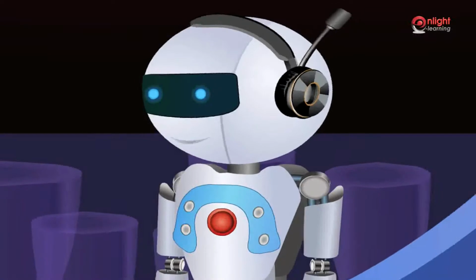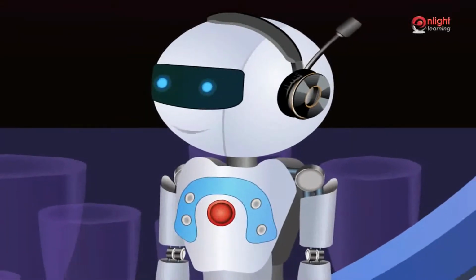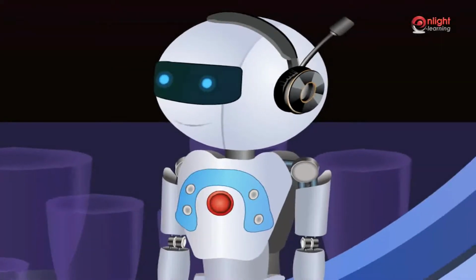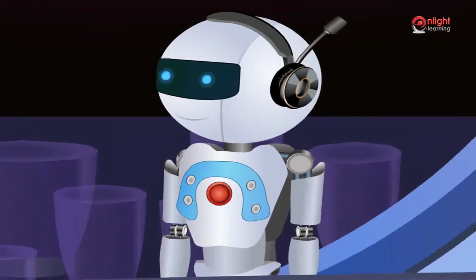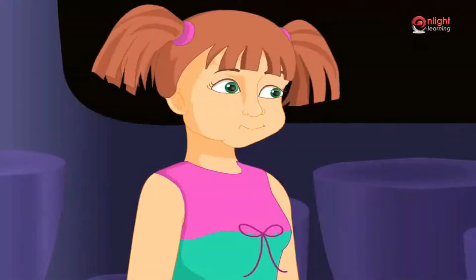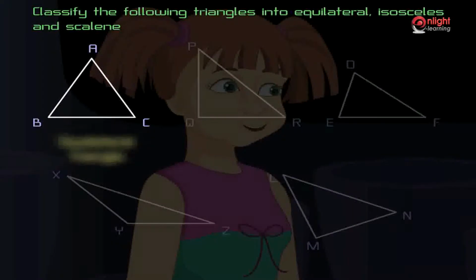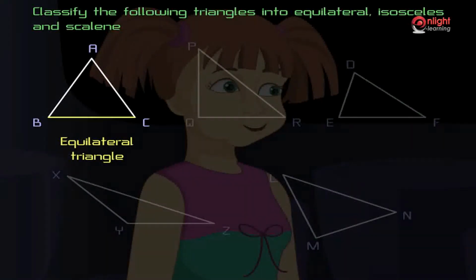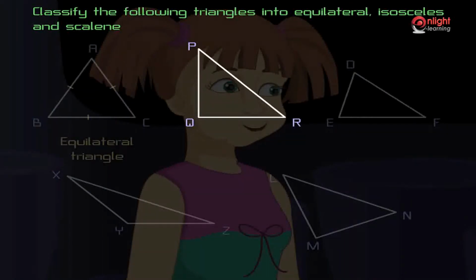Good! Akshara, can you classify the following triangles into equilateral, isosceles and scalene? Triangle ABC is an equilateral triangle since all the sides are equal in length. Triangle PQR is an isosceles triangle since two sides PQ and PR of the triangle are equal in length.